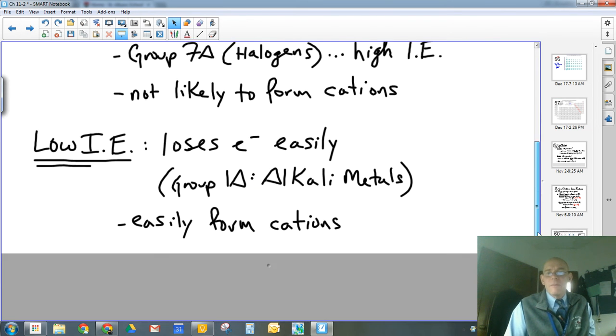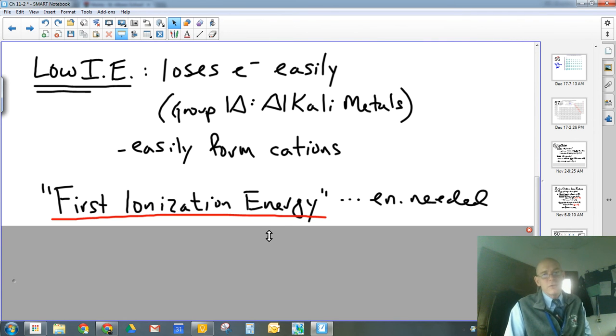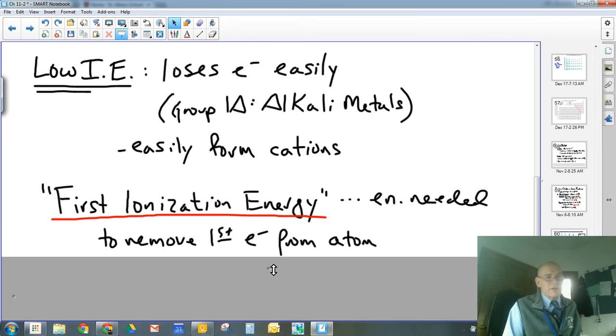Now, ionization energies come in a series. We've been talking so far about what's called the first ionization energy, and it sounds like what it is. The first ionization energy is the energy you need to yank just one electron, the first electron, away from an atom. But what about the second ionization energy?